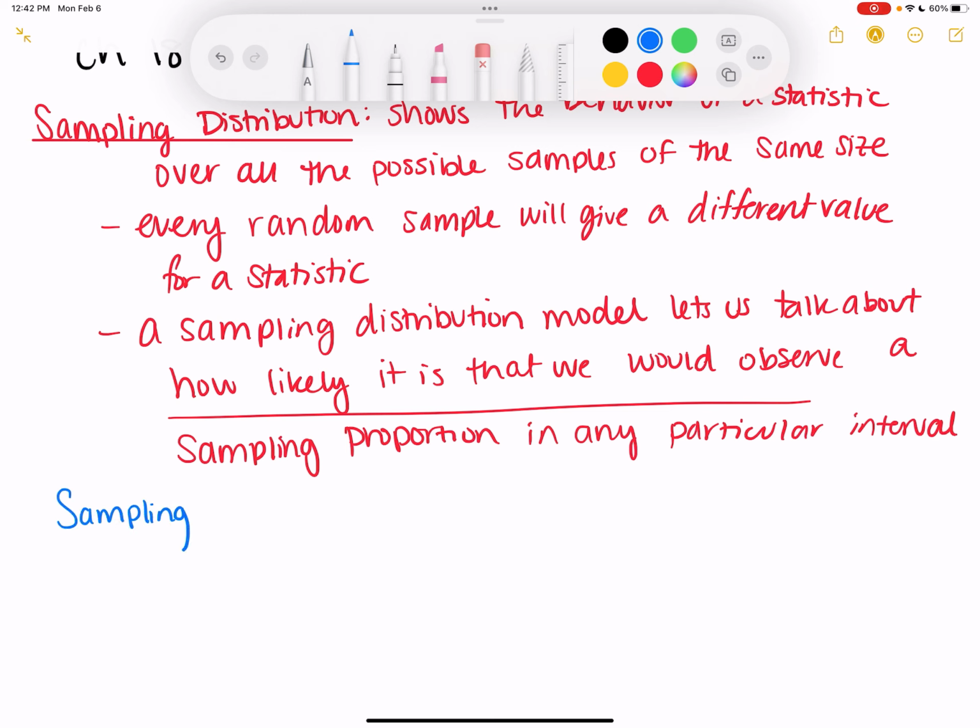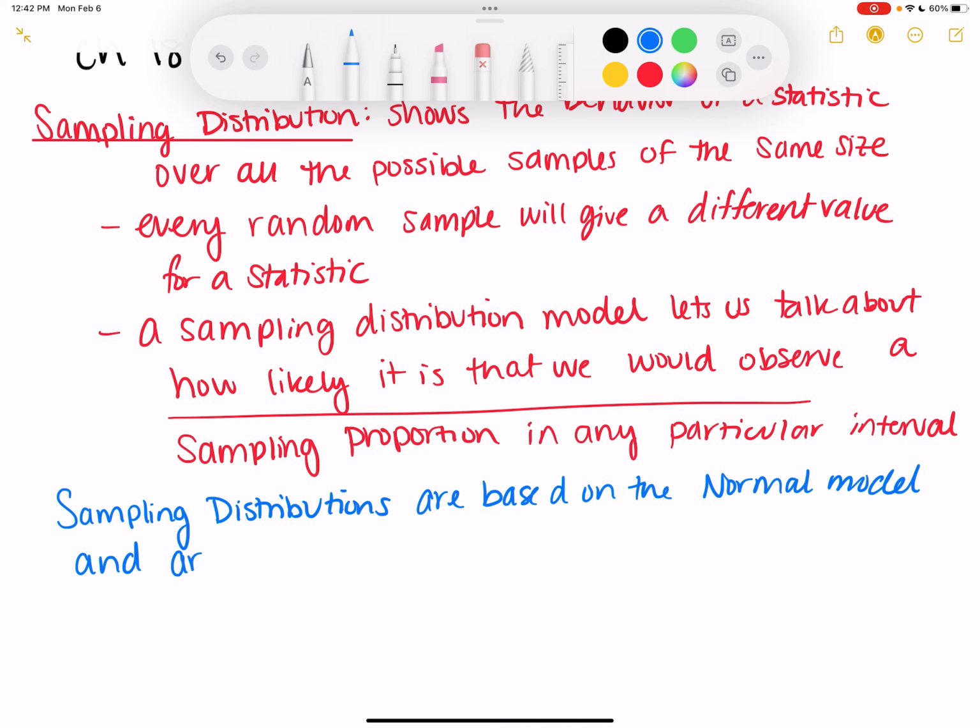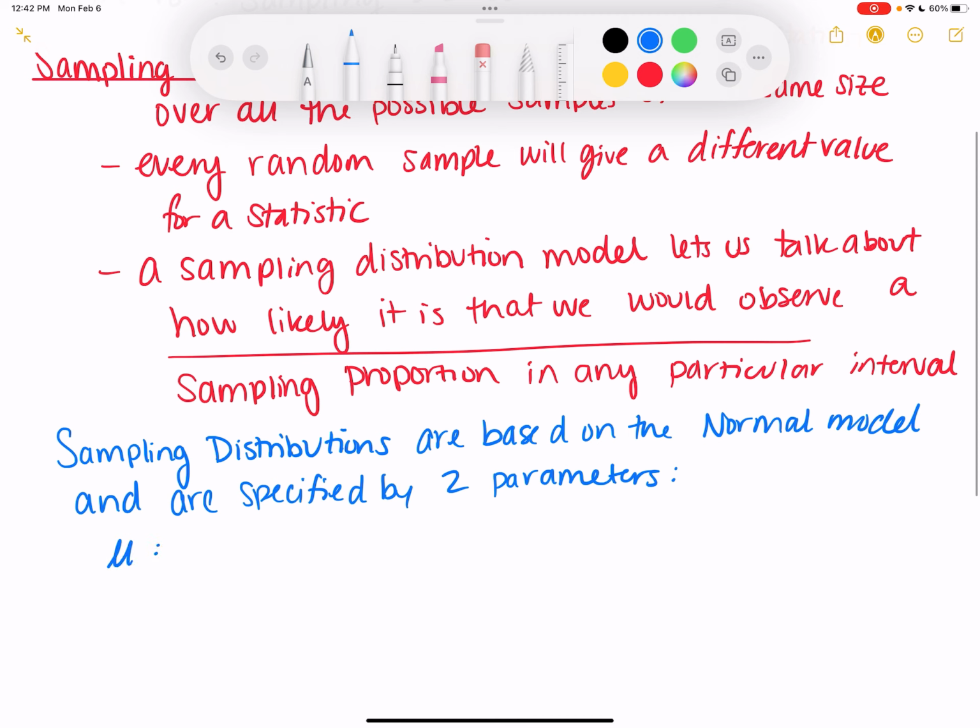Sampling distributions are based on the normal model and are specified by two parameters. So mu is the mean and sigma the standard deviation.